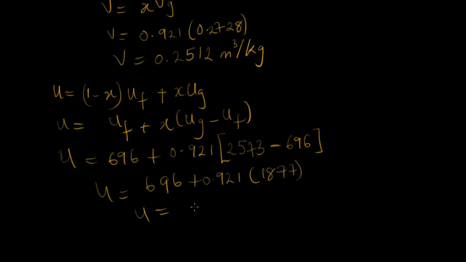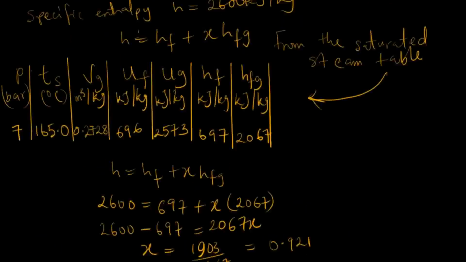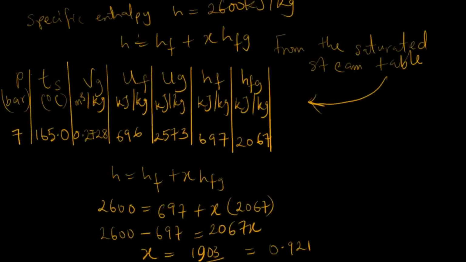So finally 2424.72 kilojoule per kilogram. That's our answer. So guys, you can see that it's not difficult at all. It's all about knowing how to read out your values from the steam table and carefully substituting them into the rightful formula, and your answer is there and out.